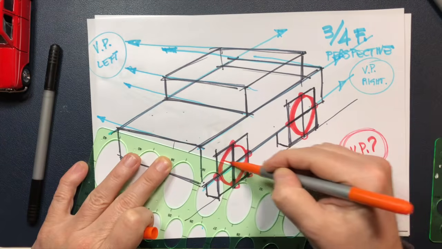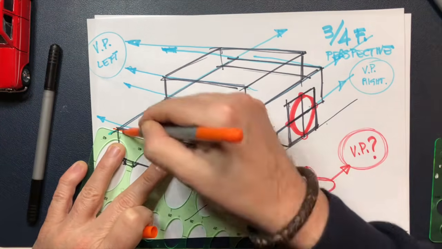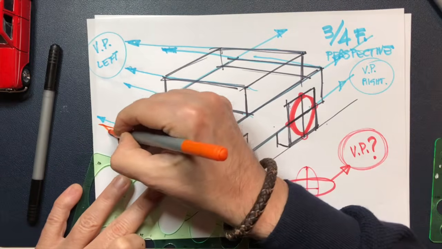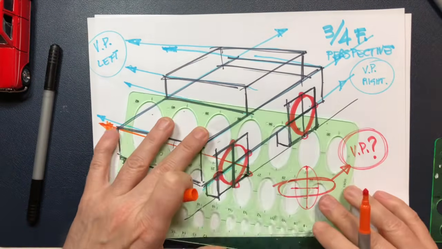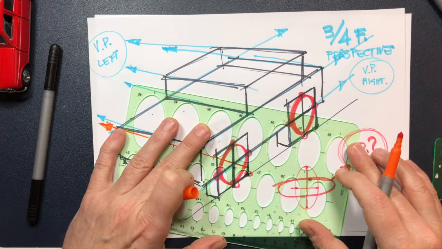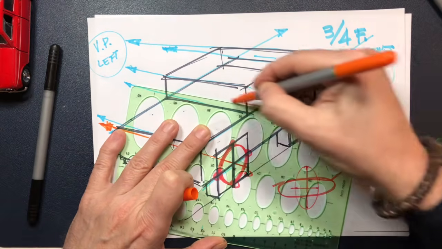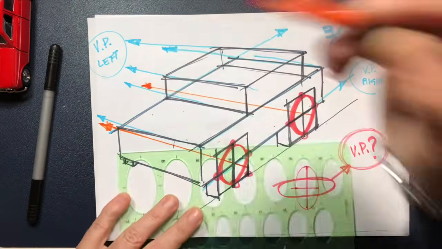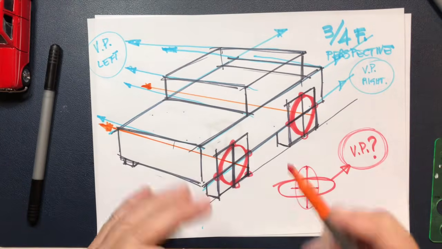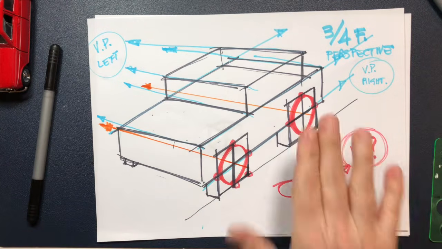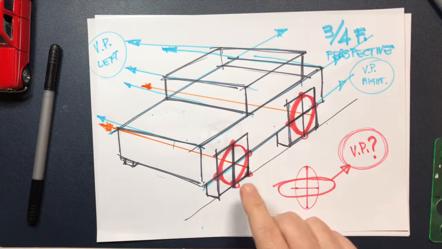There you go. And this one is here. That's where the minor axis will go.